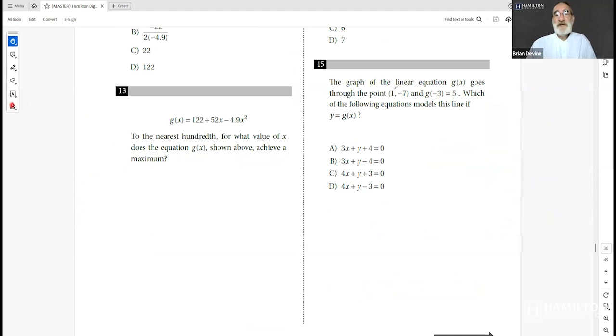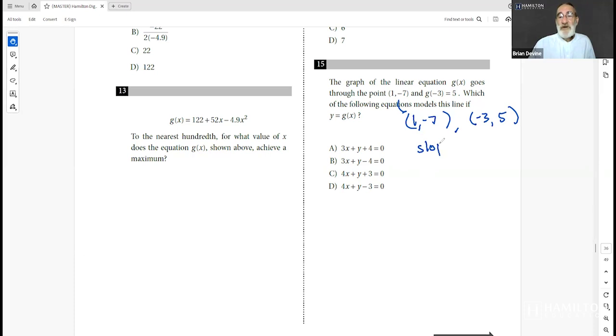15. In 15, the graph of the linear equation g of x goes through the point 1, -7, and the point -3, 5. I want to know which of the following equations models this line. Well, they're all linear, so maybe I should focus on the slope.